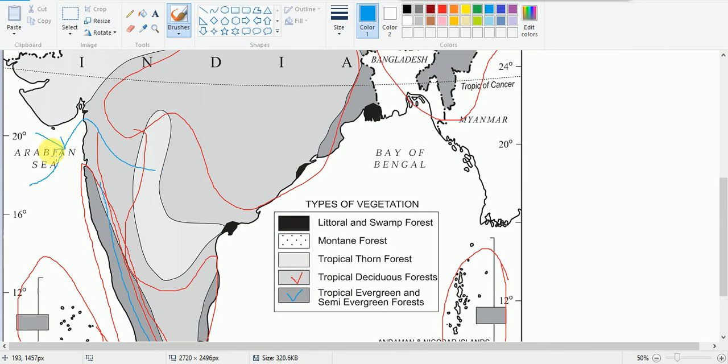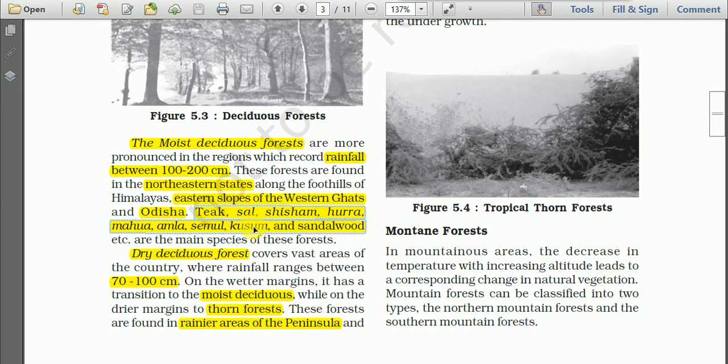The western slope has evergreen forest, and the eastern slope, this side, has moist deciduous forest, as mentioned here.